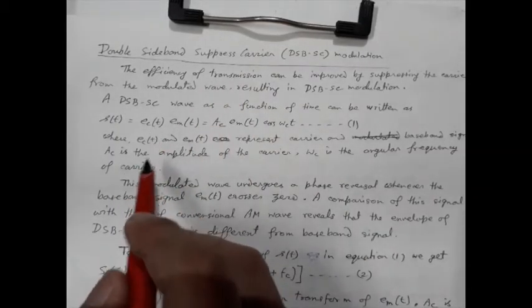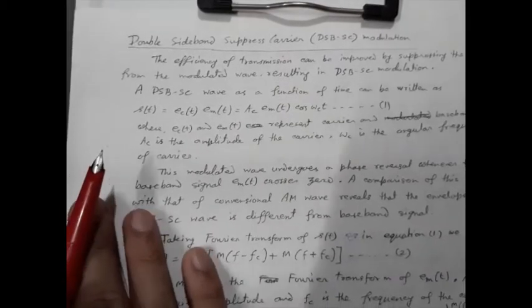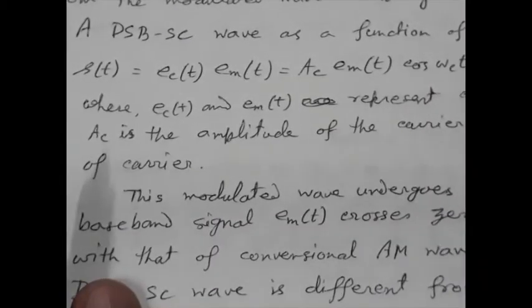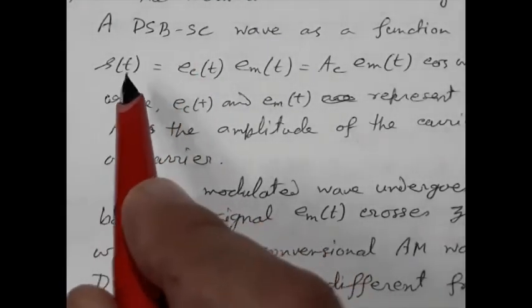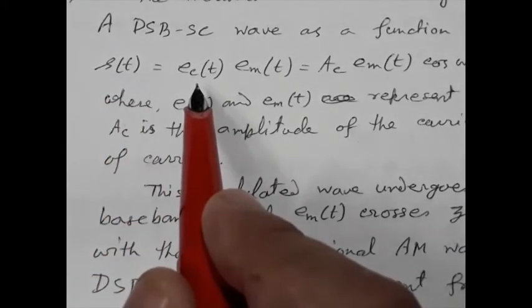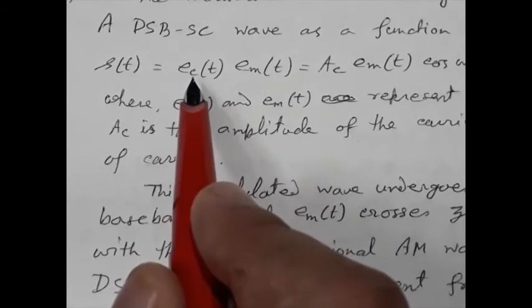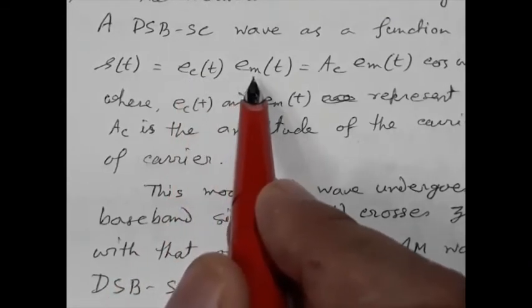Now from AM, if we suppress the carrier, then from the AM expression, the carrier part will be gone. So the only part that will exist is the carrier multiplied by the message signal, ec(t) multiplied by em(t).